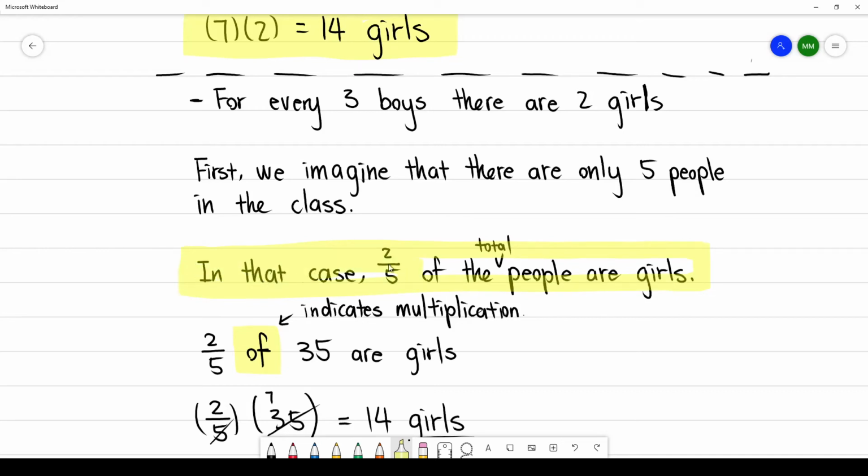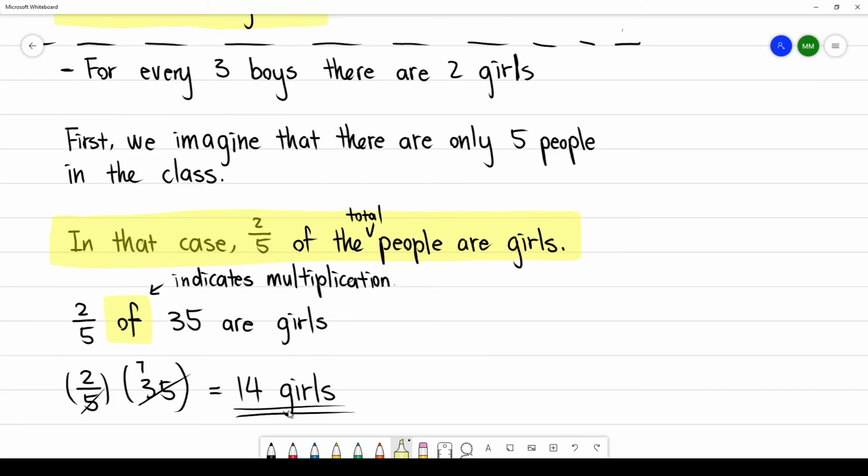So 2 out of 3, the proportion of boys to girls, is actually not that useful. But what this represents is the proportion of girls to total people.